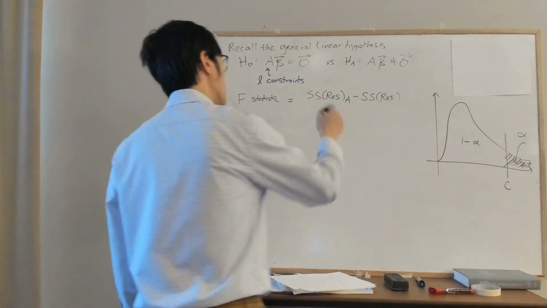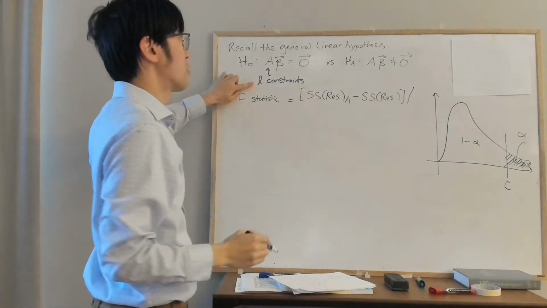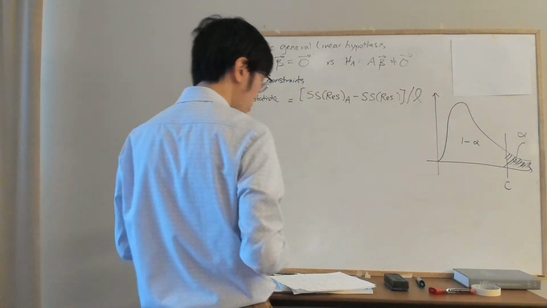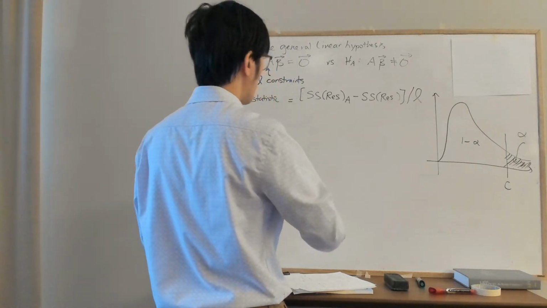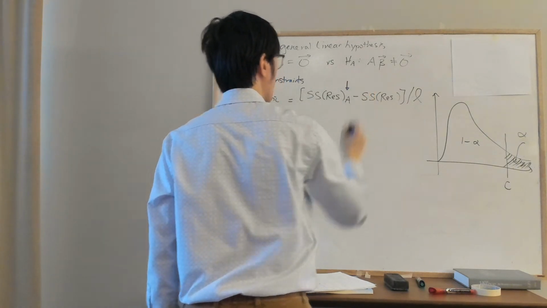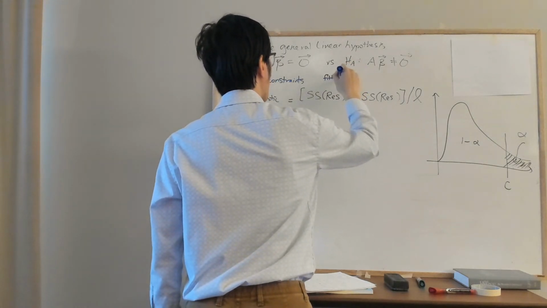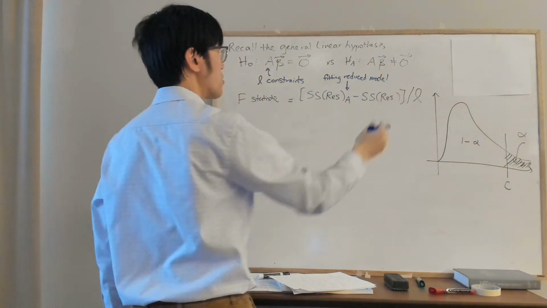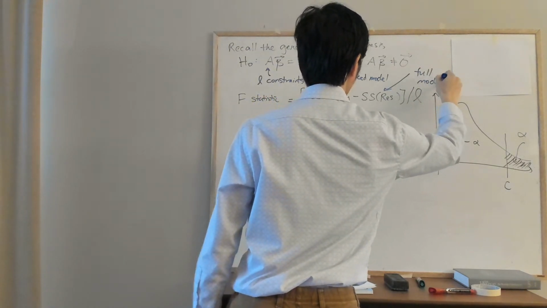We look at this difference and we divide it by the number of constraints, so we average over the number of constraints, dividing by L in the numerator. Let's also label this. Remember this subscript A means this is from fitting the reduced model, and this one is from the sum of squares residual in the full model.